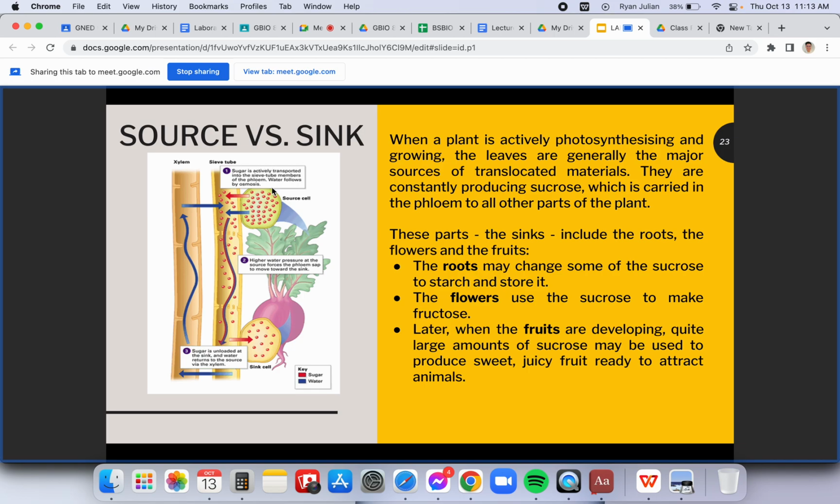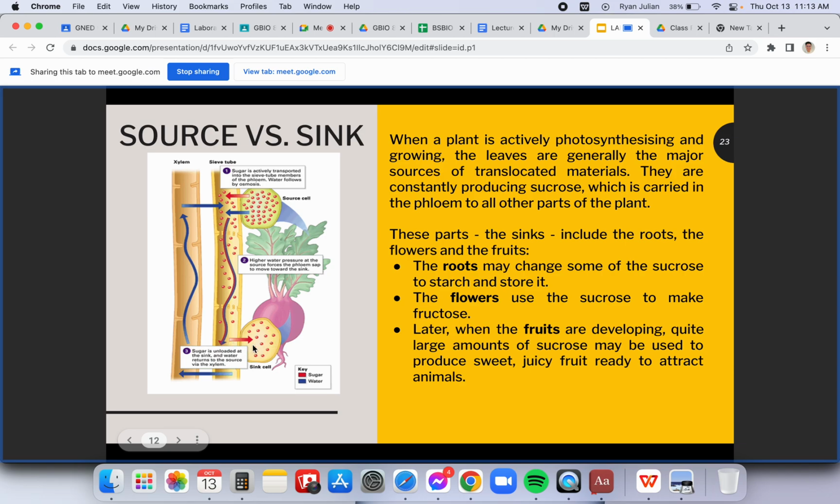For the first step, sugar is actively transported into the sieve tube members of the phloem. Water flows via osmosis, and this is the source cell that we have here. Apparently, they are scattered everywhere in the sieve tube, from the top region to the medial region up to the lower portion of it.